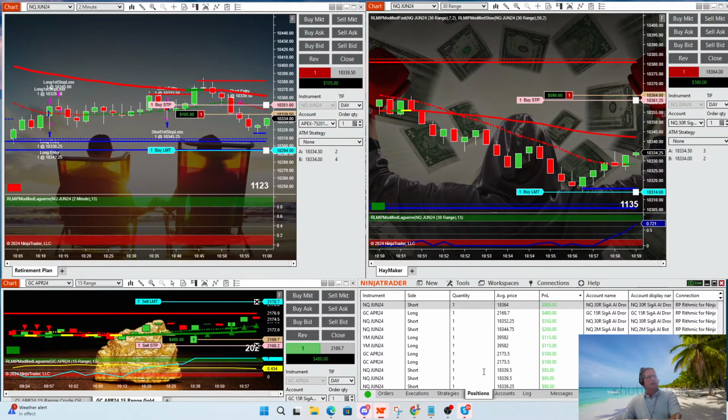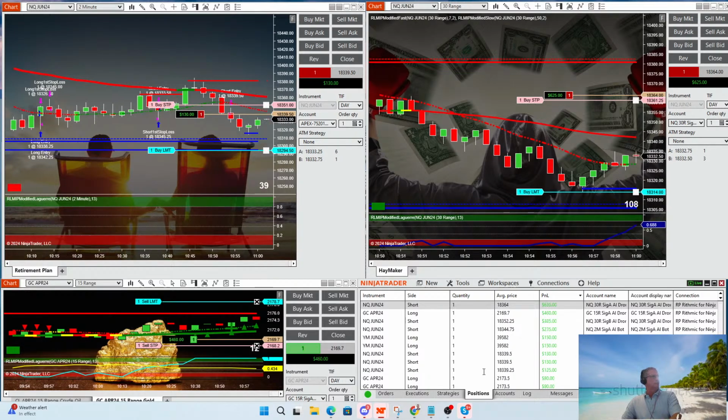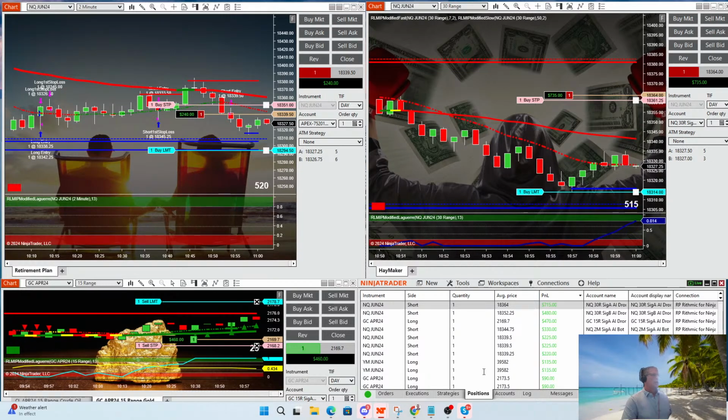And then the signal A is the one on the left, the retirement plan. That's it. Give me some room here. Let this trade mature to the downside.